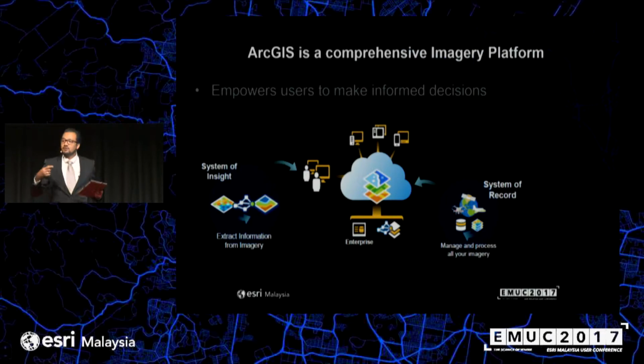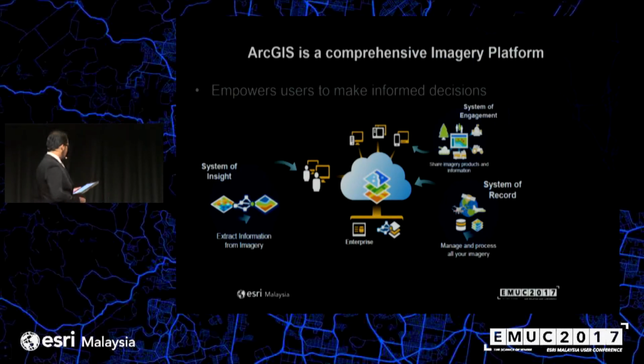Then the third step is system of engagement. That means we share the imagery products and information, and this is the new phase in imagery, where we produce analysis results and give them to the organization so everybody can see them.